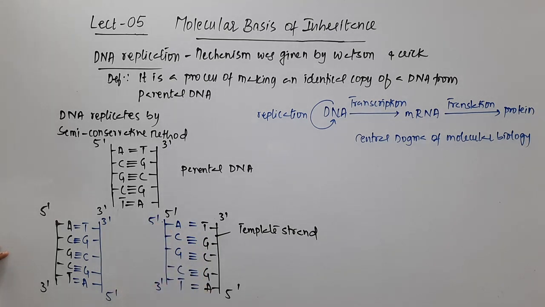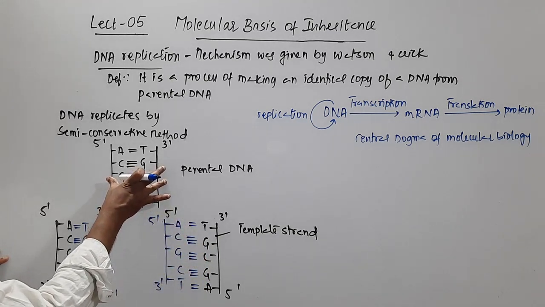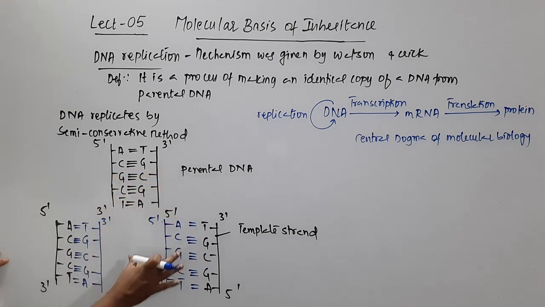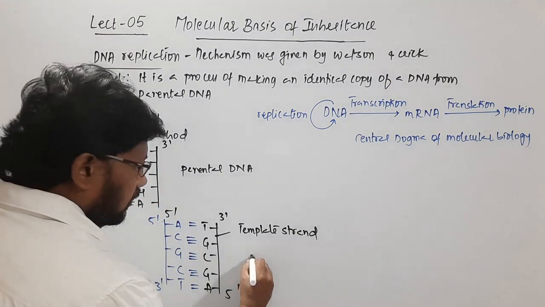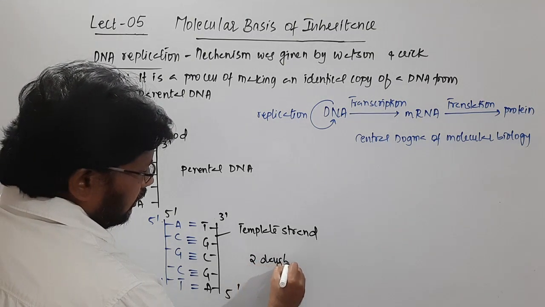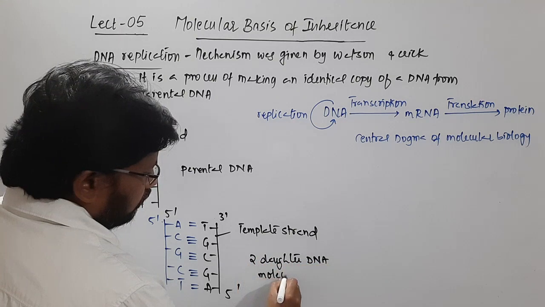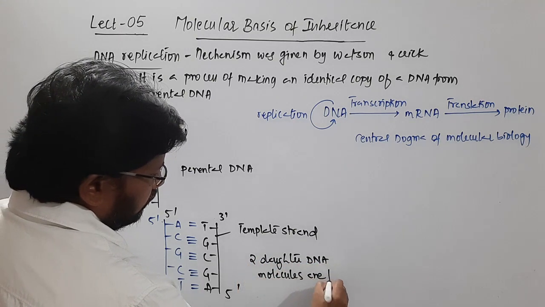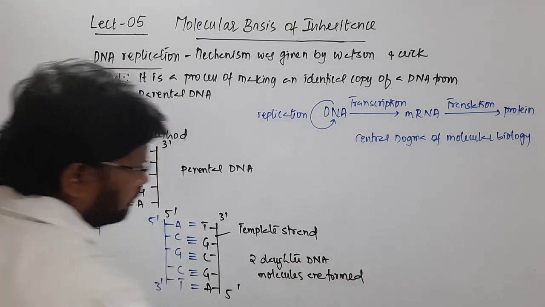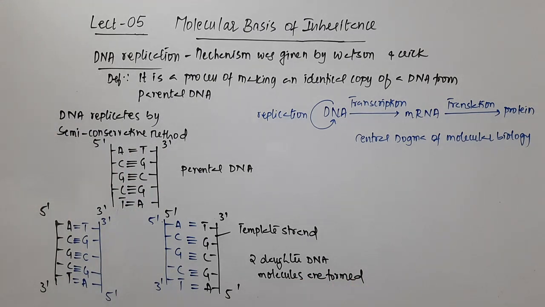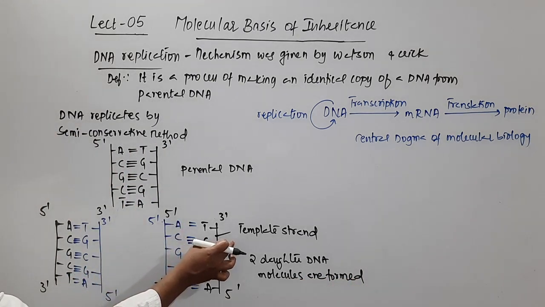Now finally, from one parental DNA, two daughter DNA molecules are formed. So there are two daughter DNA molecules, and in each, one is the template strand.